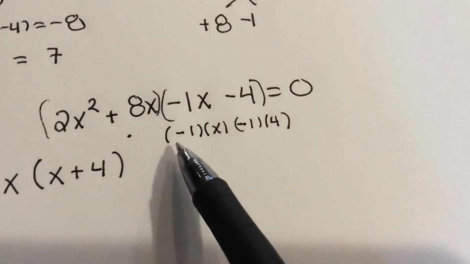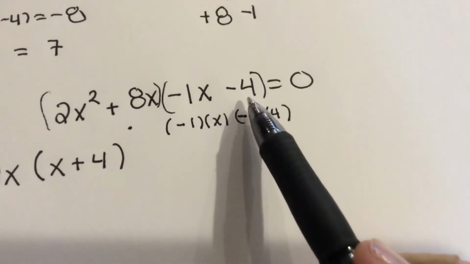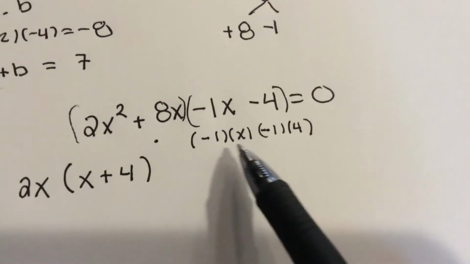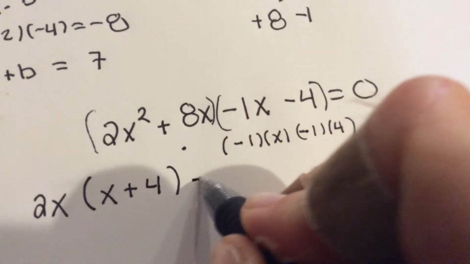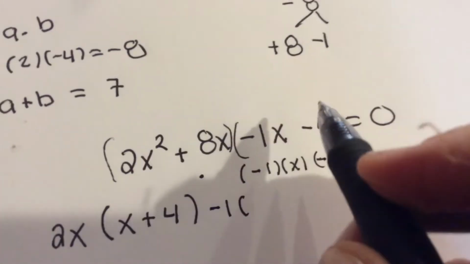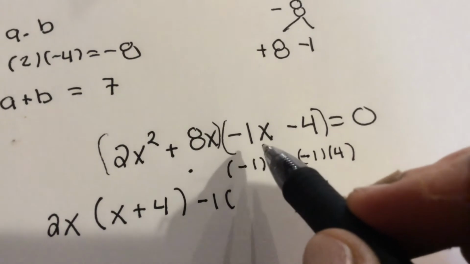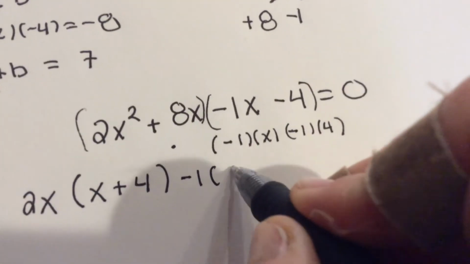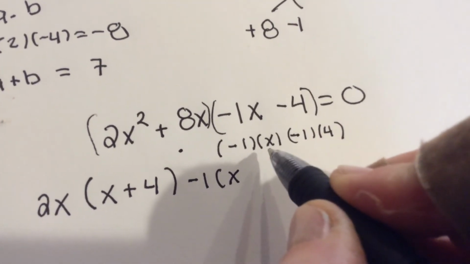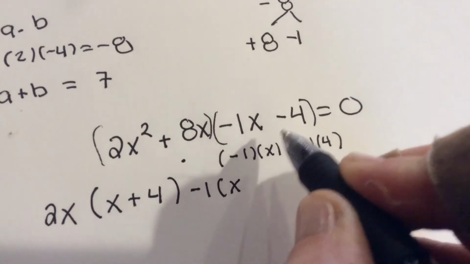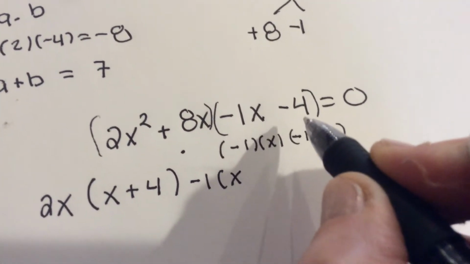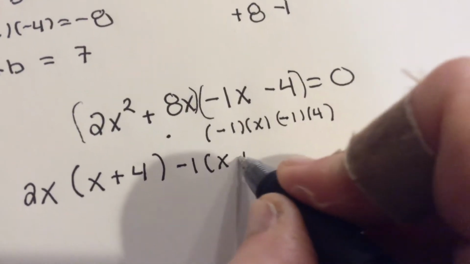So I see that -1 is common to both -1x and -4. So I'm going to factor out -1. When I do that, I multiply -1 by what to get -1x? I multiply it by that x. What do I need to multiply -1 by to get -4? A positive 4.